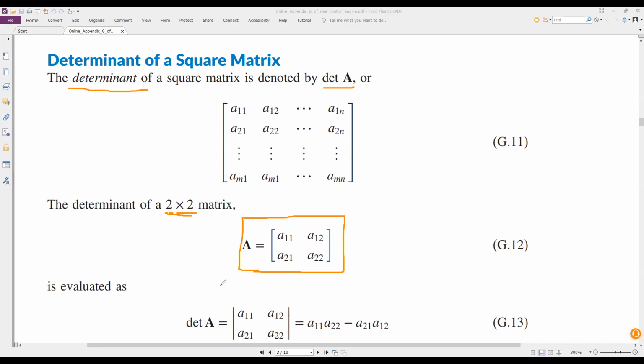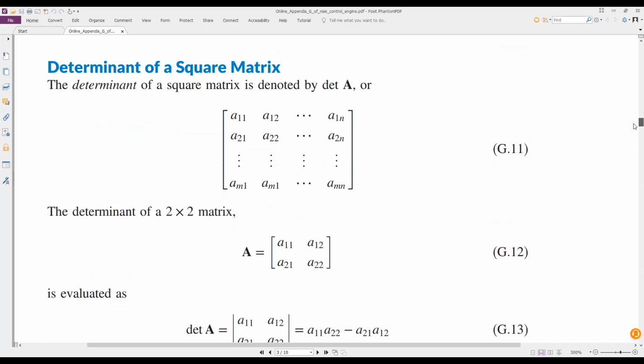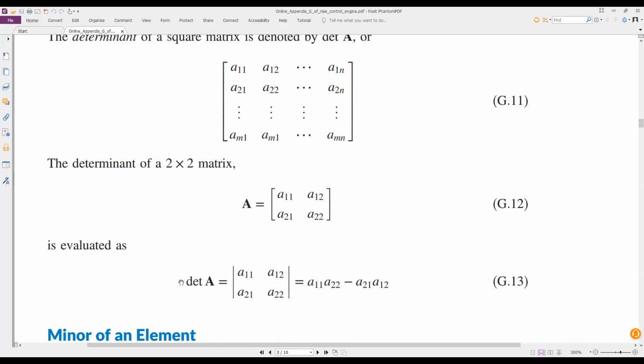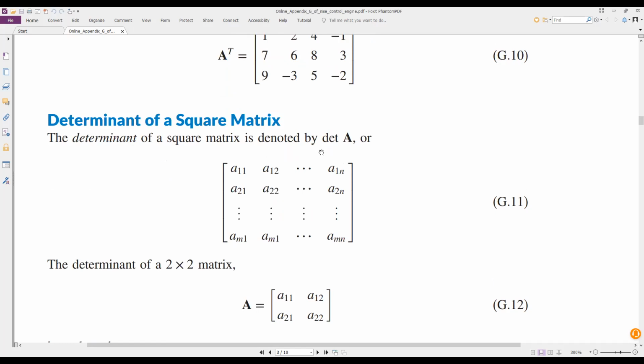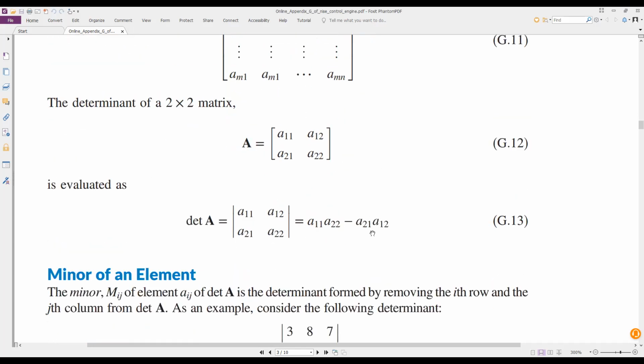Now see, what would be the determinant of A? That is the determinant sign. That would be the determinant of A. Remember this. That is how you calculate the determinant: A11 into A22 minus A21 into A12. Cross multiplication.